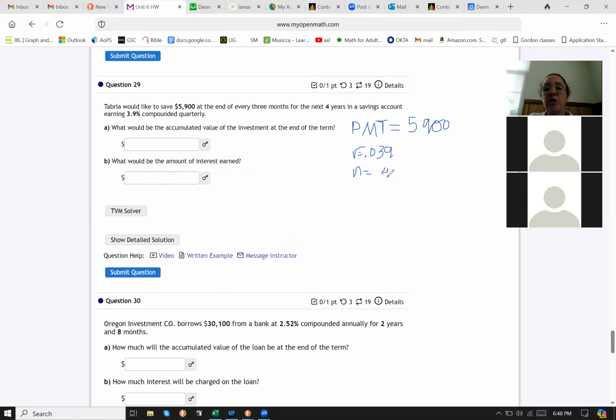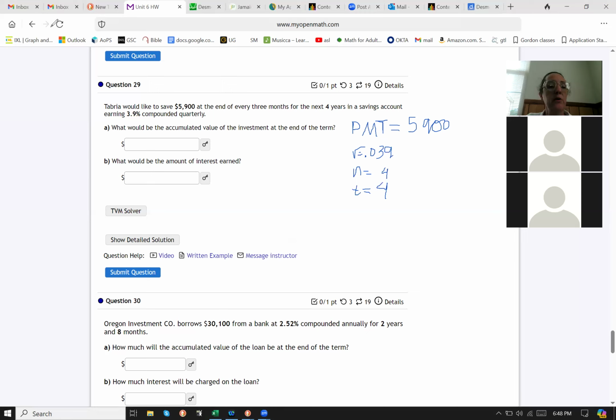So that means 4 times per year. And our time is 4 years. So jot those numbers down. Those are the 4 things that you're gonna need to put into the annuity formula.